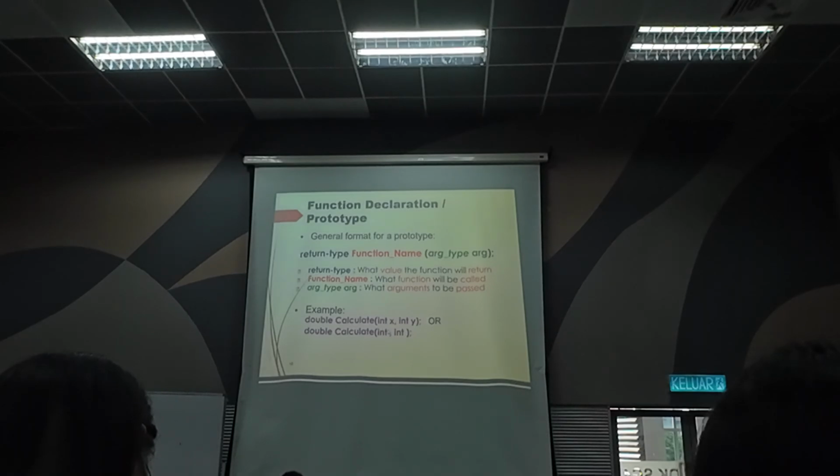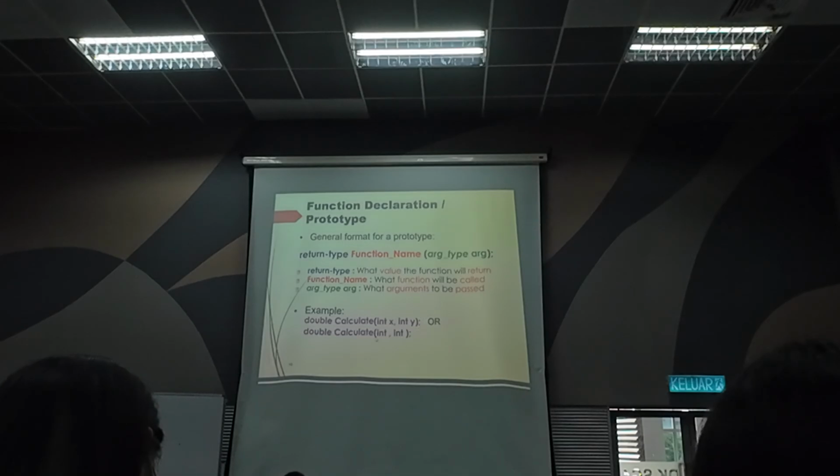It can be integer, double, string, float, any of these data types. You also have your arguments, x and y. You can declare it this way, or you can declare it without the arguments, just putting in the argument type. Both of these declarations are correct.